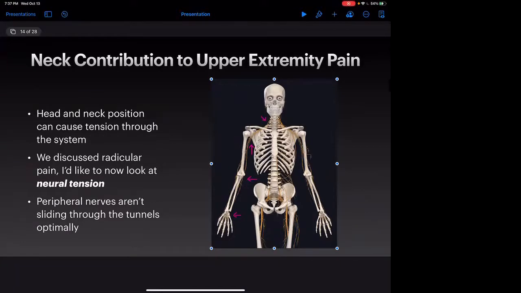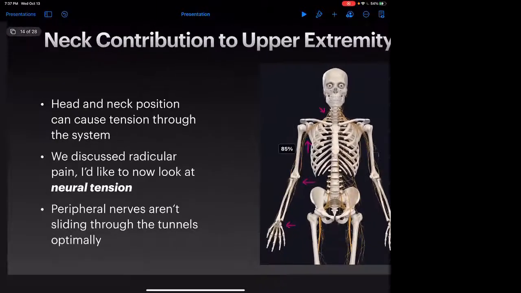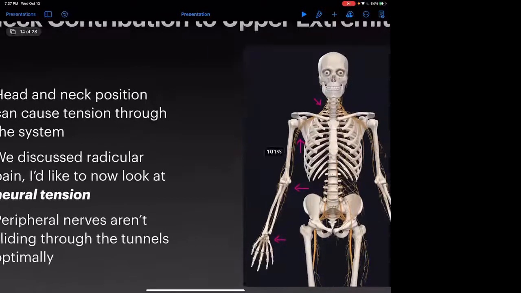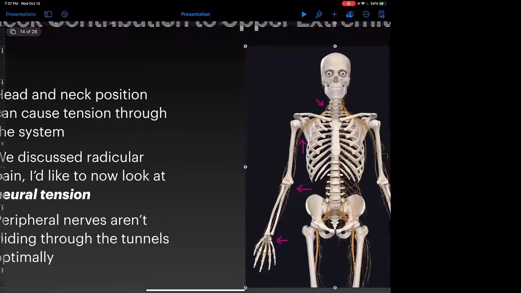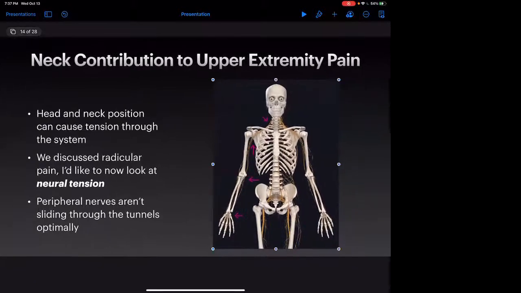So let's talk about neural tension, because neural tension is basically going to be like a stretching, pulling sensation. It's going to be stemming from pressure around those nerves coming from the neck down the arm. And it's basically those nerves sliding between the tunnels of the muscles and the fascia, the bones, and not being able to do that smoothly.